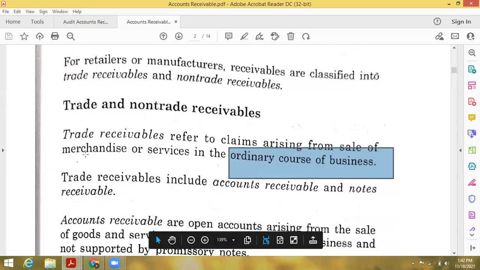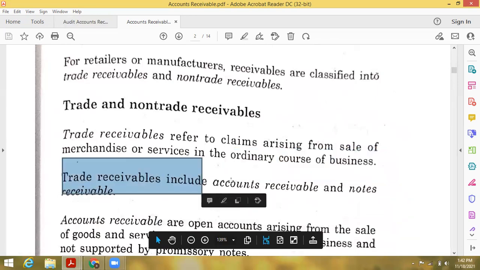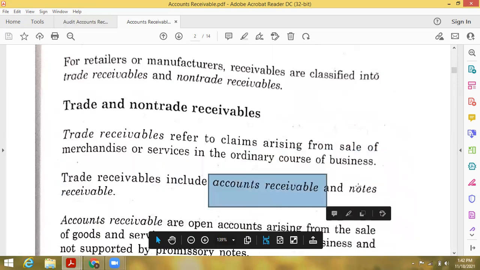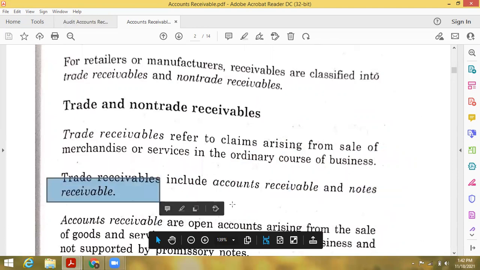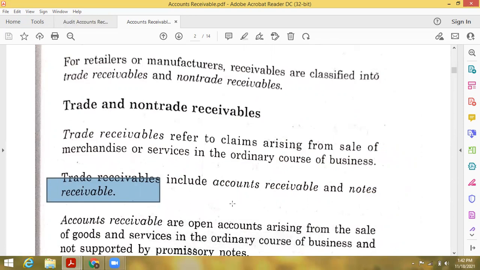Ang kasama daw sa trade receivables ay accounts receivable or notes receivable. Yung notes receivable, yan yung mga promissory note. Kasi pag sinabi natin na accounts receivable, pwede yung verbal agreement lang between the two.